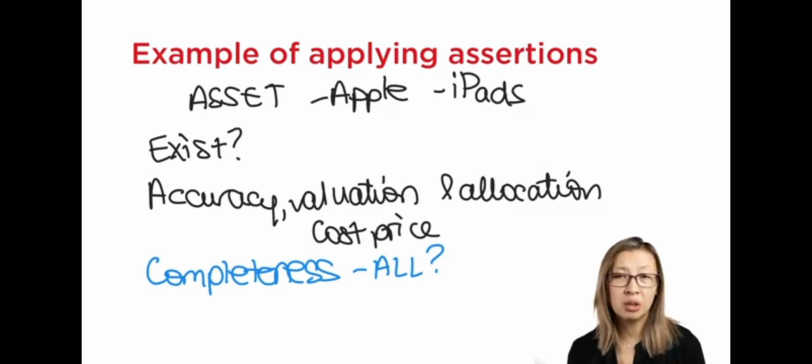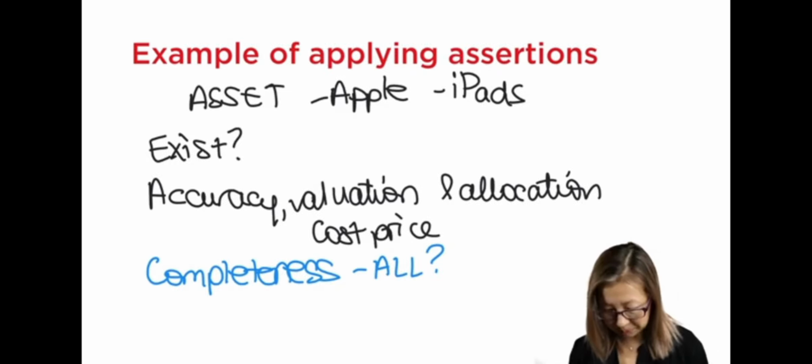So usually we're looking for, is any inventory there that's not recorded? I might do that by using an analytic. I could do something like, how much raw materials should this have made in terms of product, and do I see that? So completeness, has it all been recorded?